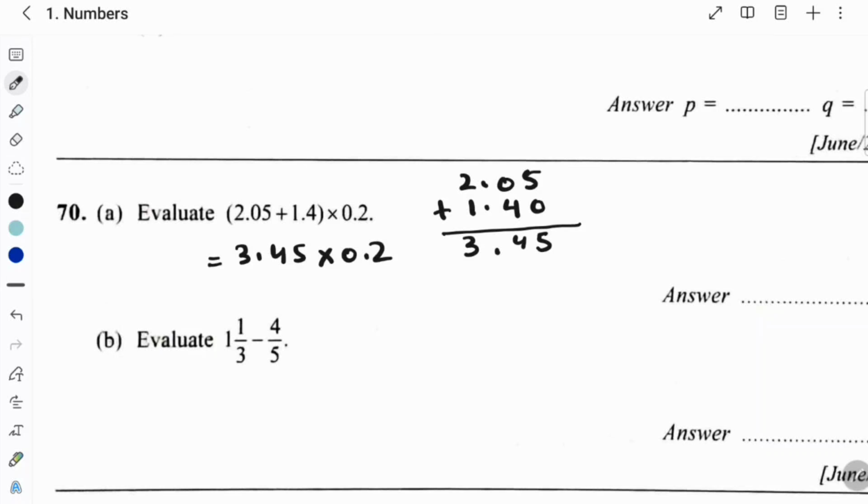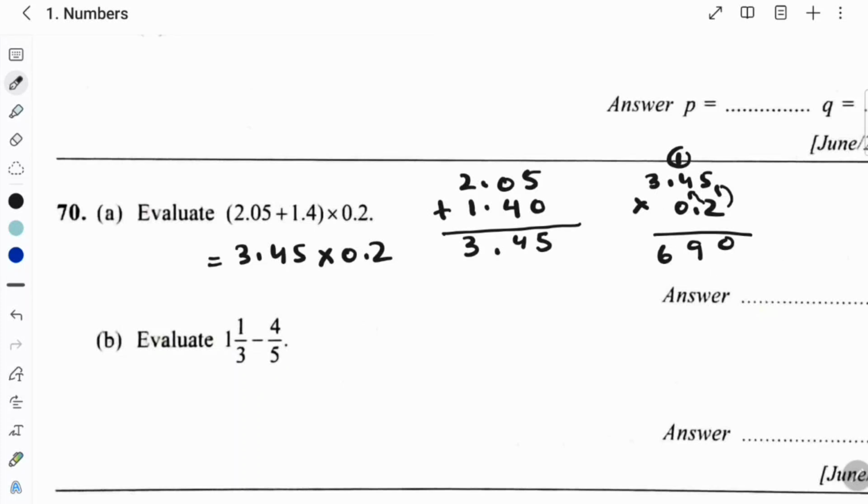Now 3.45 and 0.2, you are going to multiply it. So 2 fives are 10, and then 2 fours are 8, plus 1 is 9, and 2 times 3 is 6.